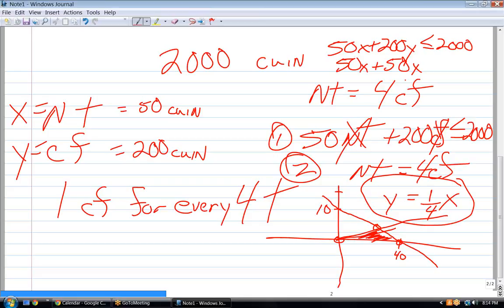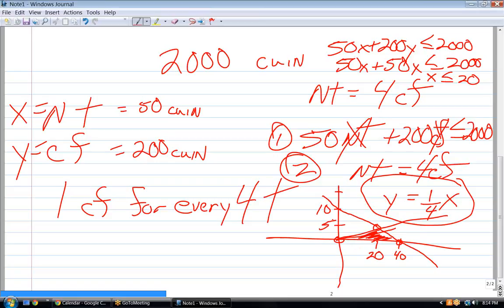If I substitute 1/4 x for y, then this turns into 50x. So I got 100x less than or equal to 2000, x less than or equal to 20. So the x coordinate on that is 20, and the y coordinate would be 5.